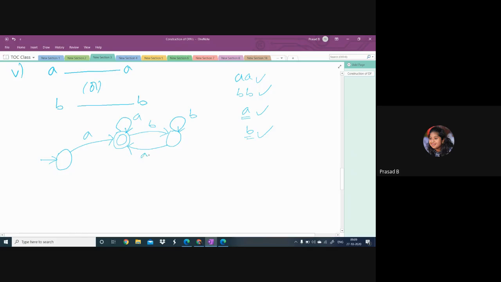This is for first and last symbols being A. Similarly, the smallest string is B, so go to final. As first is B, as long as ending with B it is final, and if it is ending with A, non-final. So this is the diagram for first and last symbols being the same.